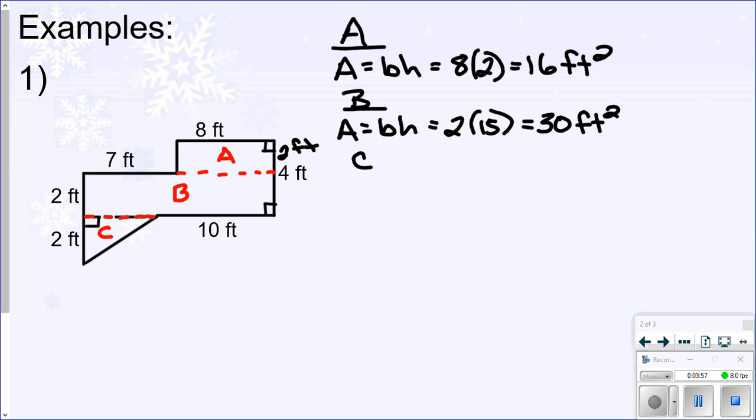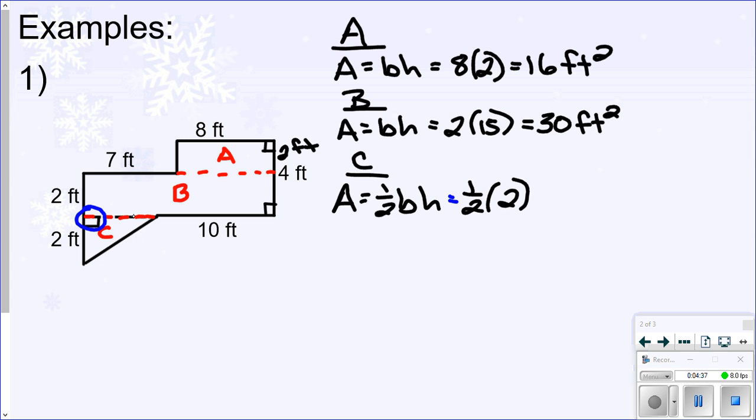And now the last piece is the triangle. Remember, the area of a triangle is 1/2 times the base times the height. The base and the height are always connected with a right angle, so always look for that right angle, and it's right here. So this side and this side are my base and height. This piece is 2, so I have 1/2 times 2. Then this other piece is a little trickier.